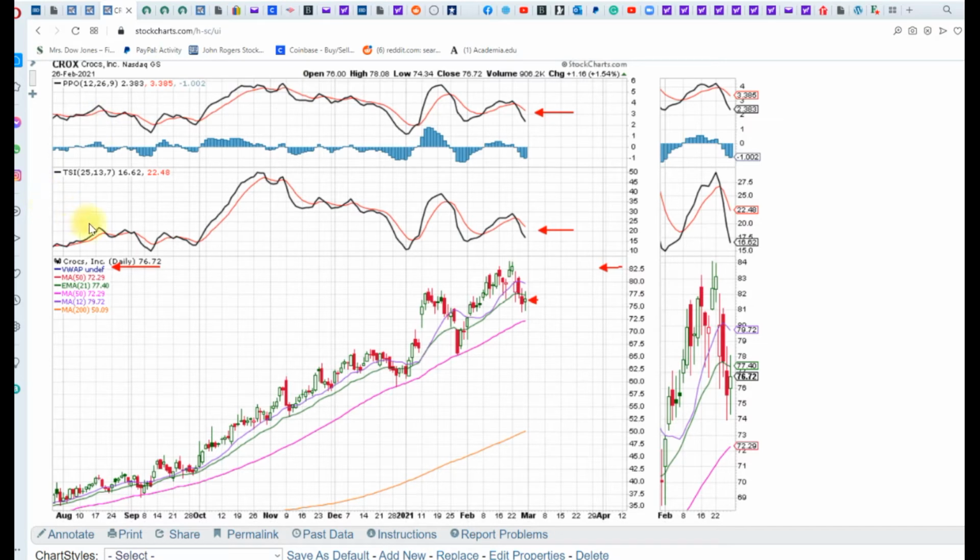PPO, TSI, and it monitors the same trend, but you notice that even for the price, the long-term investor doesn't worry about it, because you notice that this goes up and down even when it's coming down in here while the price is still going up. So this indicator, you look at it, but all the information comes from all these numbers here.